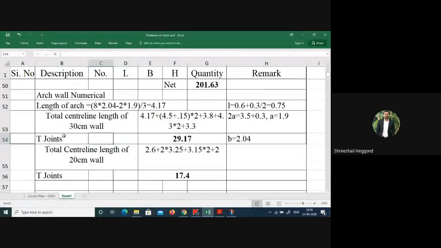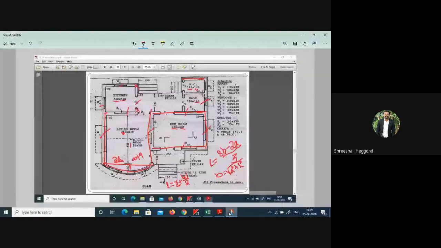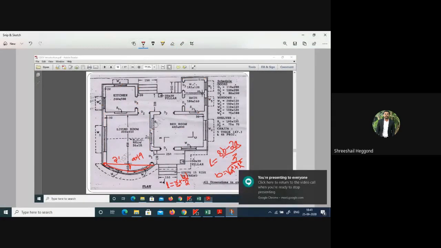For 30 to 30, how many T junctions are there? This is one node where this continuation wall is there and this wall is joining. Therefore, it will create a T junction.